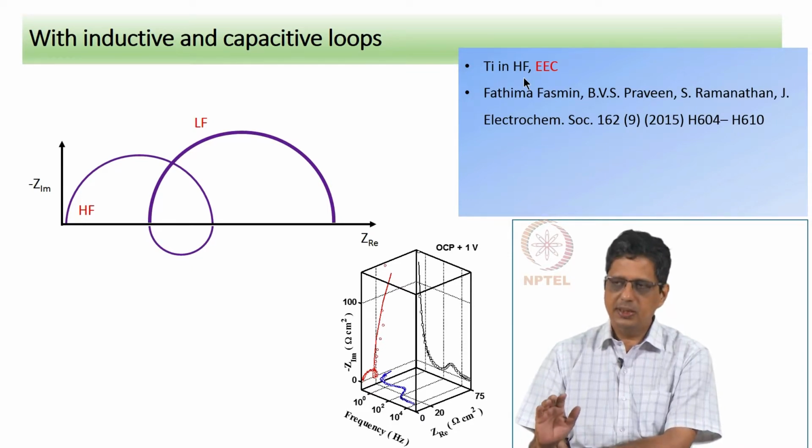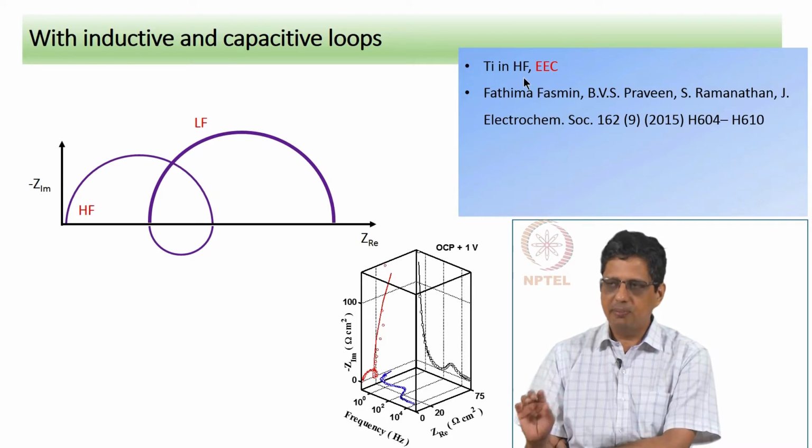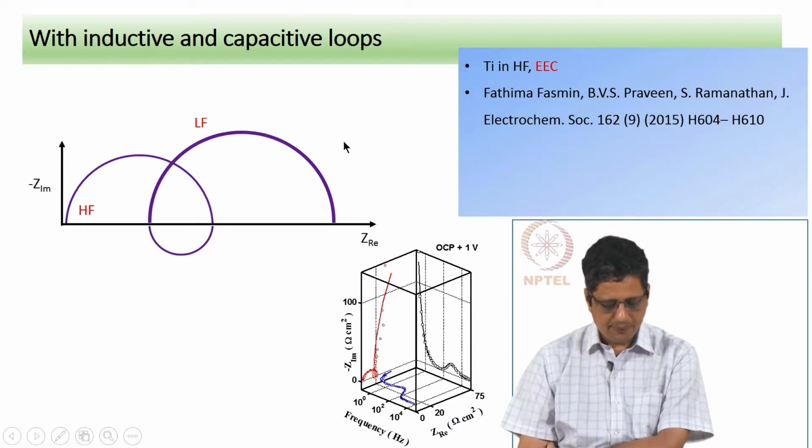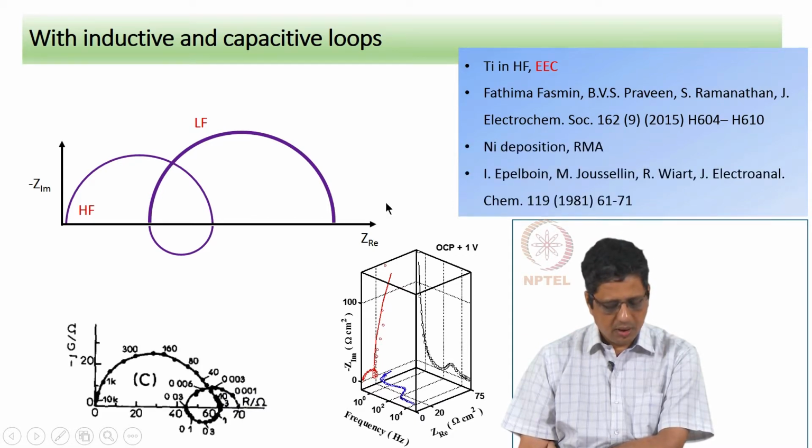That happens in what is called the passive region, but once the surface is completely covered with the passivating oxide, if we give very large positive potential, still dissolution can occur, and that is called transpassive dissolution. That was not analyzed in detail, but it was just modeled using electrical circuit.